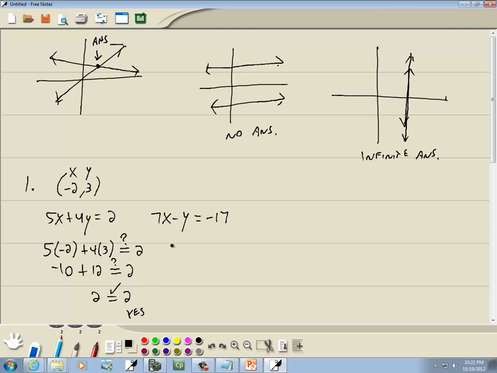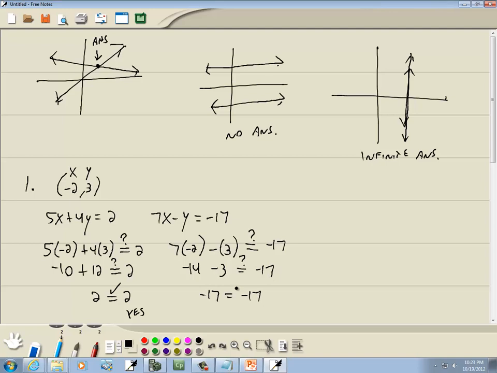Now let's check this other part. So plug -2 in for the x, 3 in for the y. And again, we're checking to see if that's equal to -17. Well, 7 times -2 is -14, minus 3. Well, -14 minus 3 is -17.